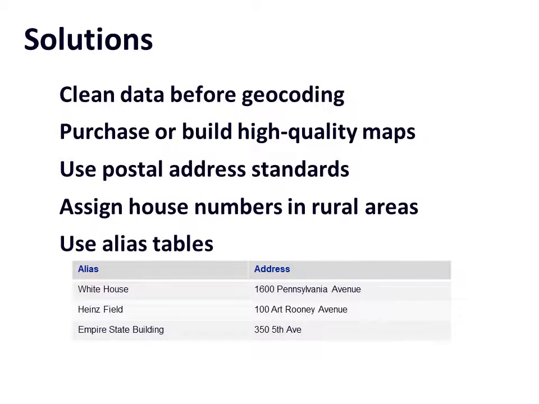So what are the solutions? Clean your data before you geocode it. And the way you clean it is really pretty simple. You take your address, you try to parse it out into these different segments. There are functions in Excel to do this if you're interested.